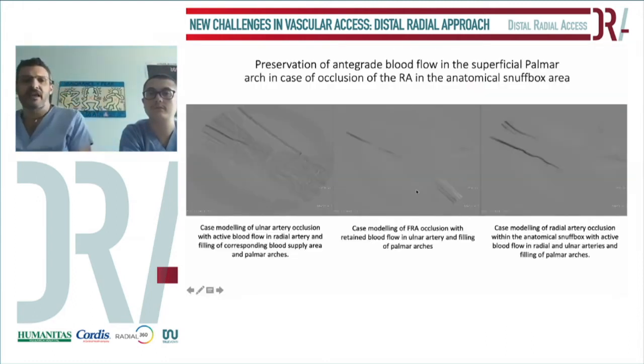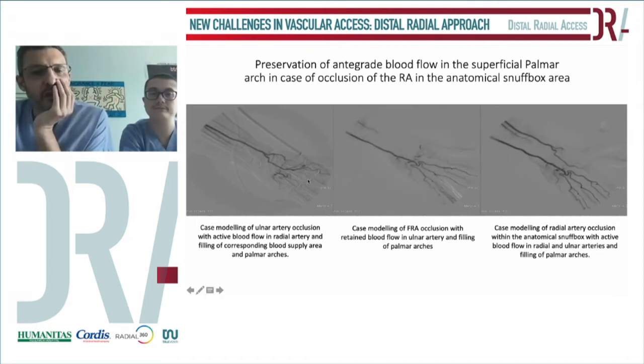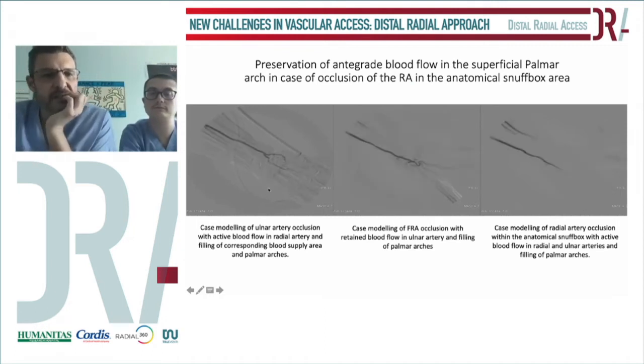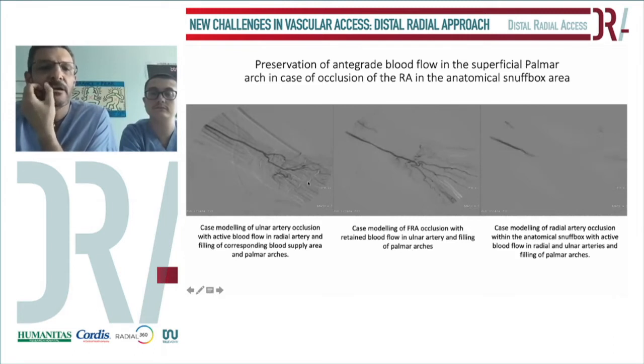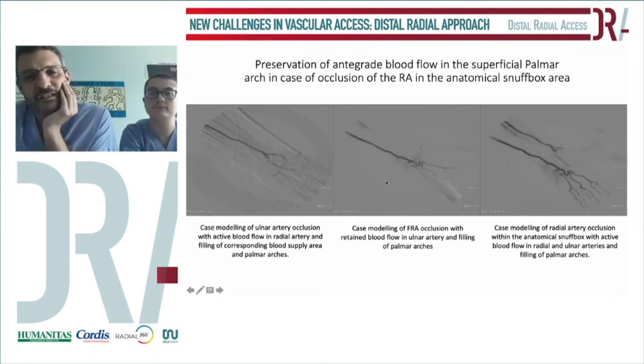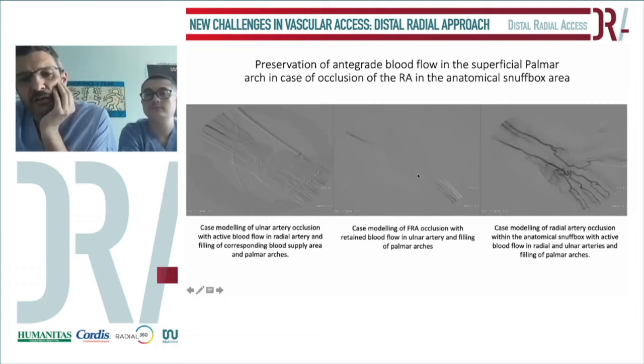And this is an example of the previous concept that I explained. This is a case modeling of ulnar artery occlusion with the active flow through the radial artery. In this case, we can observe the palmar arch that supplies the flow to the hand, to the fingers. And this, in contrast, is the case of forearm radial occlusion, and the flow is maintained through the ulnar artery that fills the palmar arch.